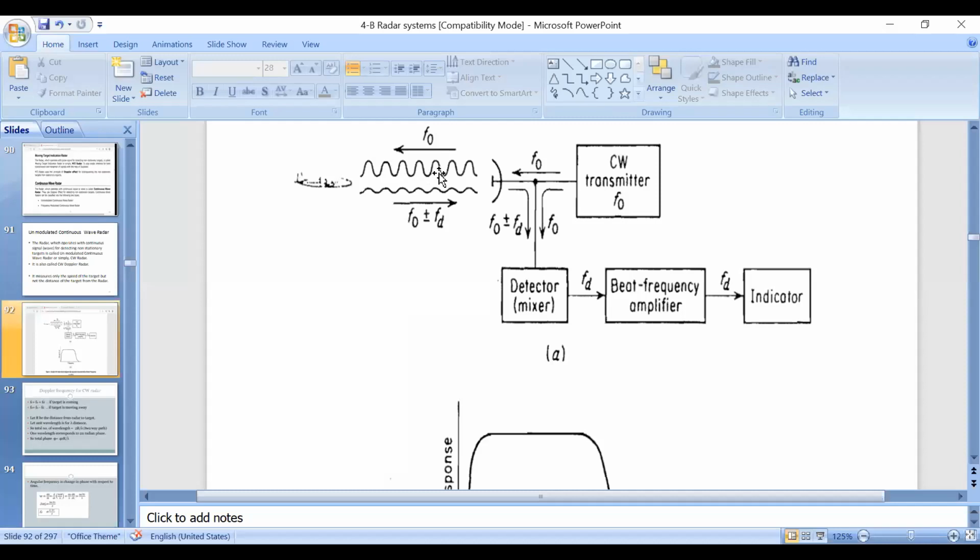There is a Doppler shift in the transmitted signal frequency, and we are transmitting a continuous wave. That's why we call this a continuous wave Doppler radar, right? The main purpose of this continuous wave Doppler radar is to detect the moving targets, right?